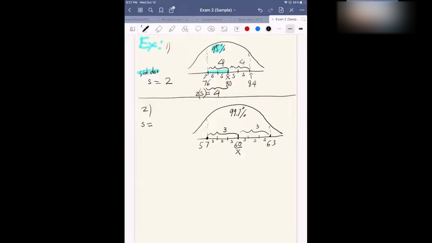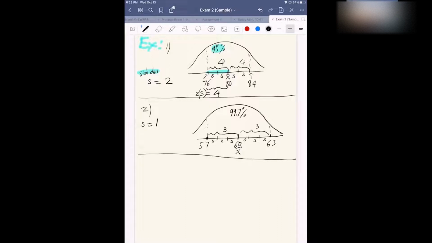What is 3 divided by 3, everyone? 3 divided by 3 is 1. If the whole distance is 3, and it's about 3 standard deviations, then each standard deviation is just 1. I know that it's not easy at first, but eventually you will figure it out.